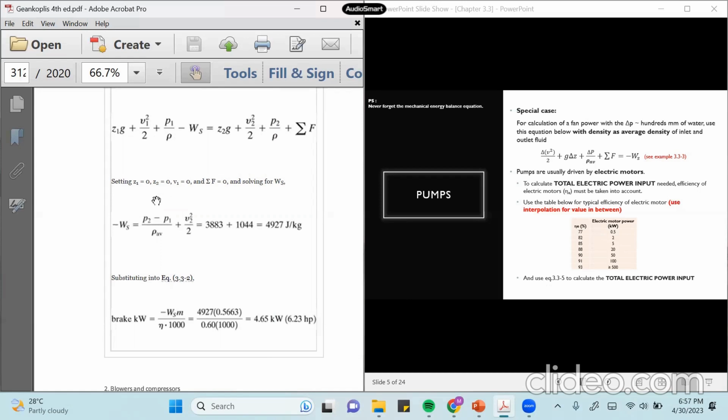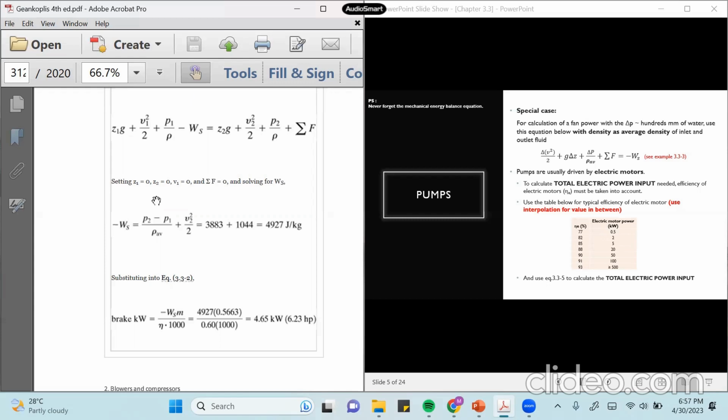Let's say if you have a fan, on the left side is the suction line, and on the right side is the discharge line. Then the gas only increases the speed and the pressure head, but it doesn't increase the elevation.